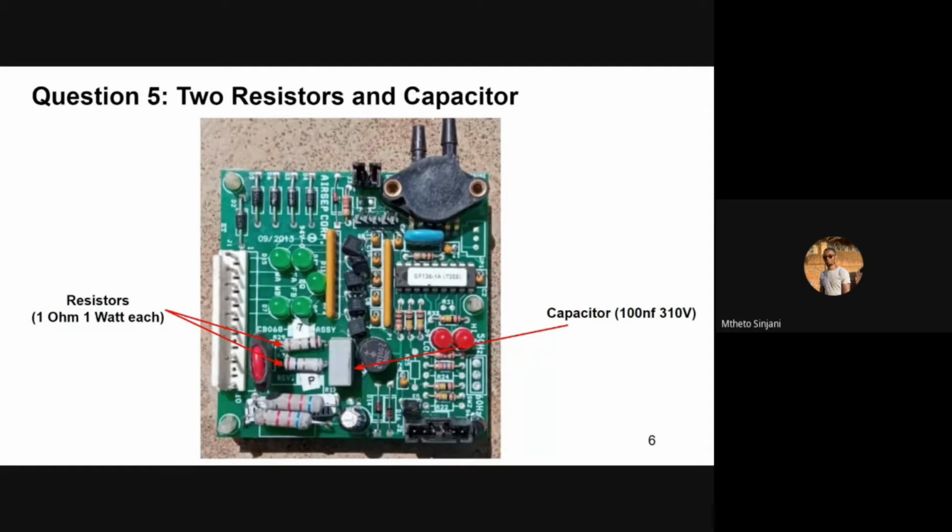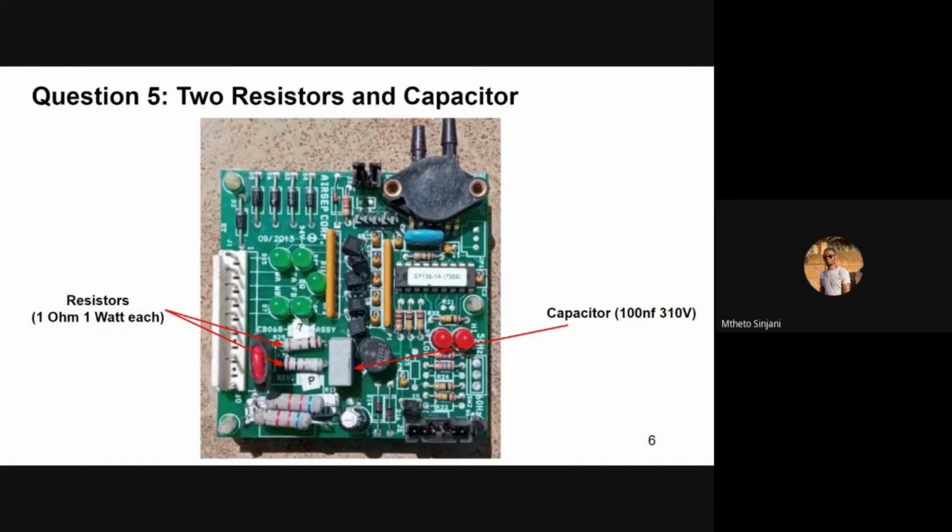It's good to know that these two resistors measure 1 ohm and they are 1 watt each. If you try to replace them with a quarter watt, you might actually blow that resistor because it's of a smaller size.